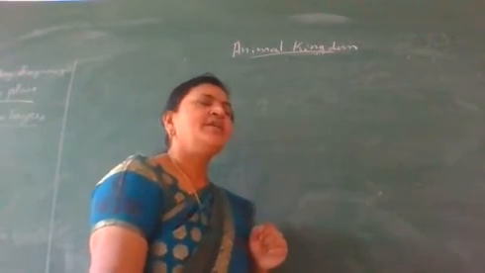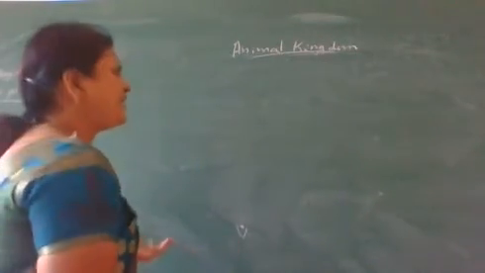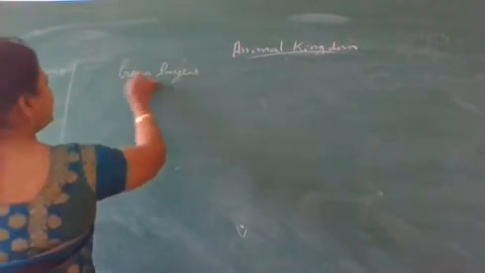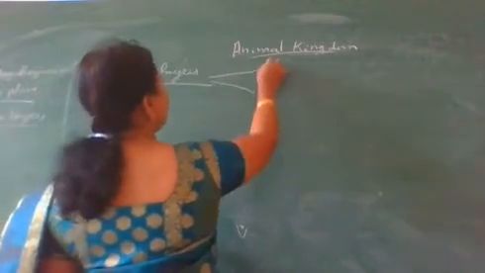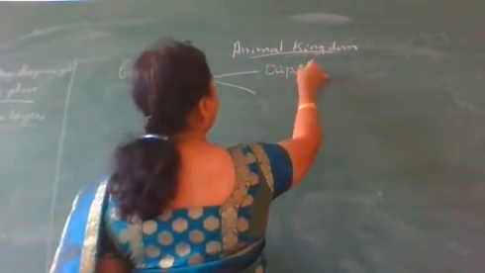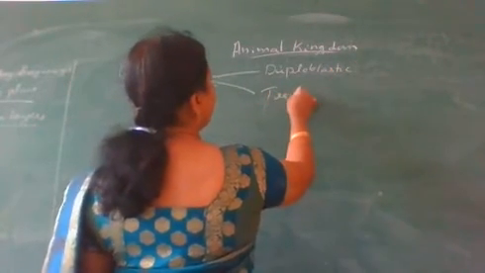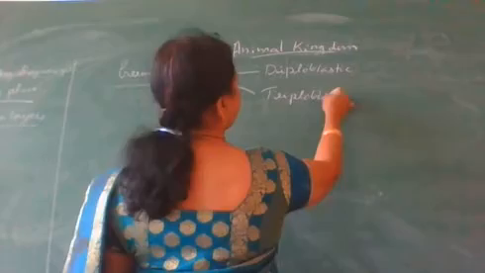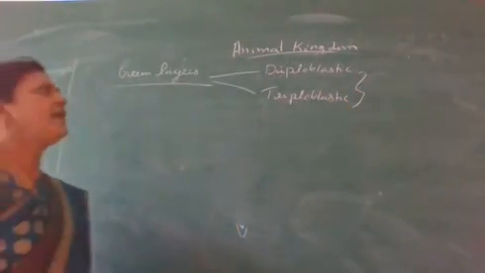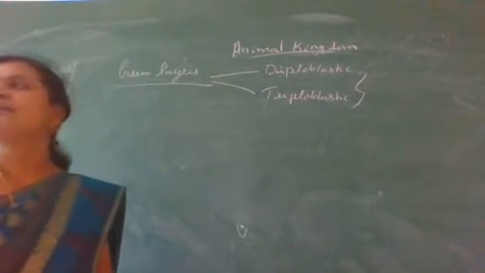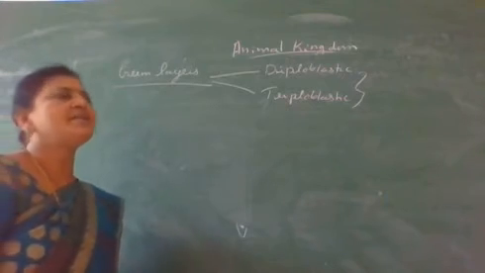Now, based on these germ layers, the animals are classified into diploblastic and triploblastic animals.